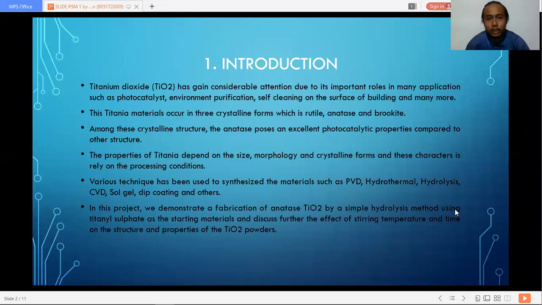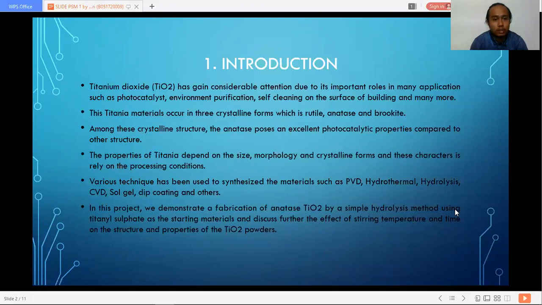So for the introduction of the project, titanium dioxide, or also known as TiO2, has gained considerable attention due to its important roles in many applications such as photocatalysis, environmental purification, self-cleaning on the surface of buildings, and many more.